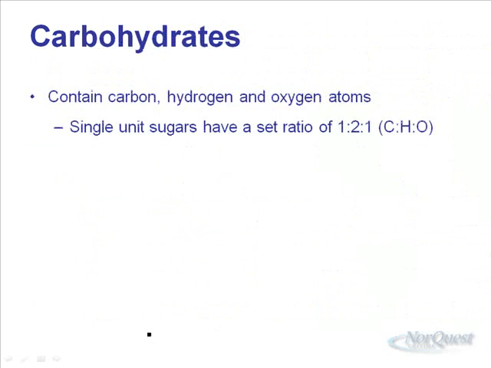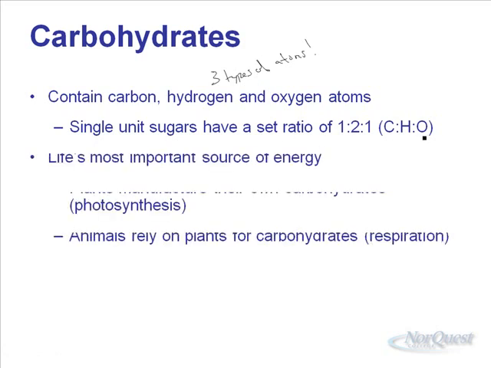So carbohydrates contain carbon, hydrogen, and oxygen atoms. So they only contain three types of atoms total. That's it. If it's a single sugar, or a simple sugar, it's going to have a ratio of 1 to 2 to 1 in terms of carbons, hydrogens, and oxygens. It's life's most important source of energy, and this is what plants make when they do photosynthesis.